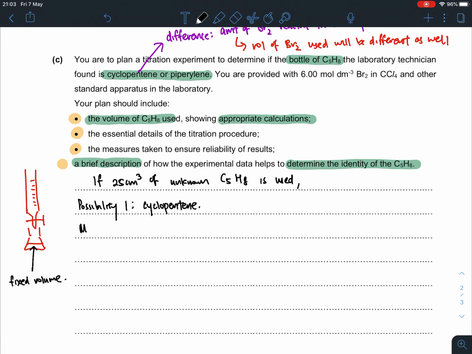So in this case, I can actually find out the mass of cyclopentene, which is 25 times 0.771. Okay, and then the amount, I can also decide on that, and I'll do some calculation.